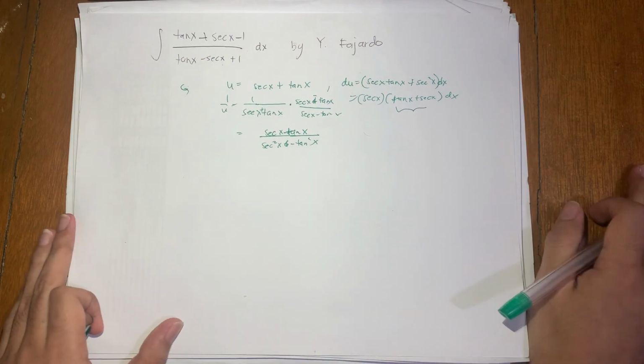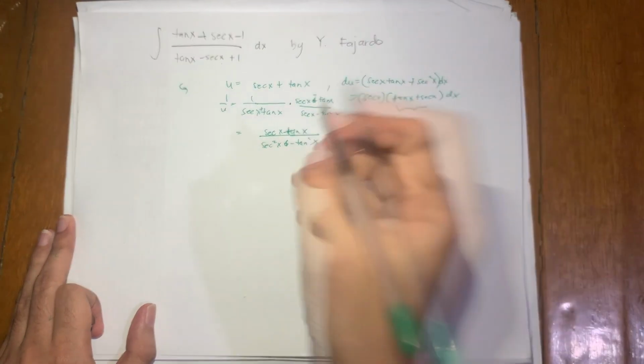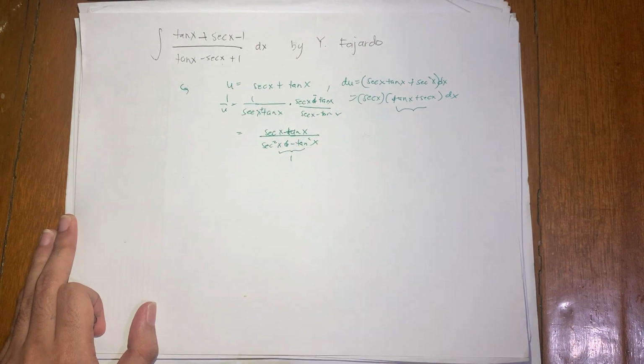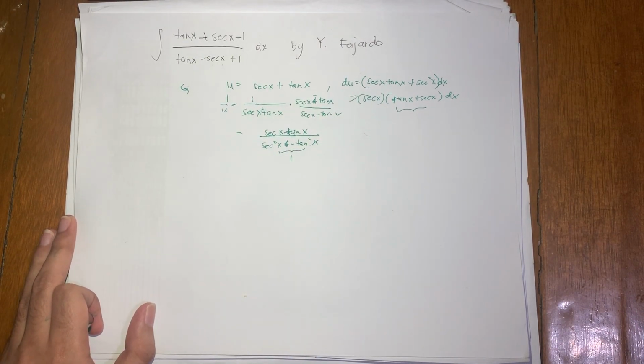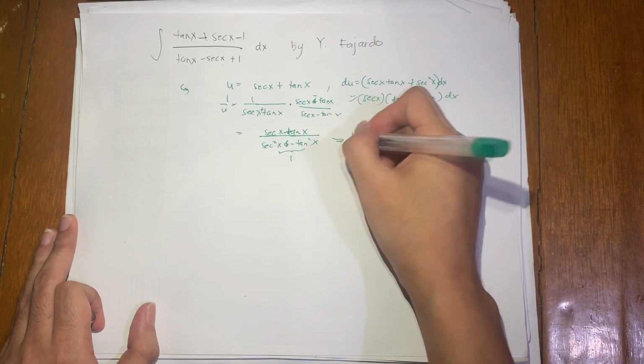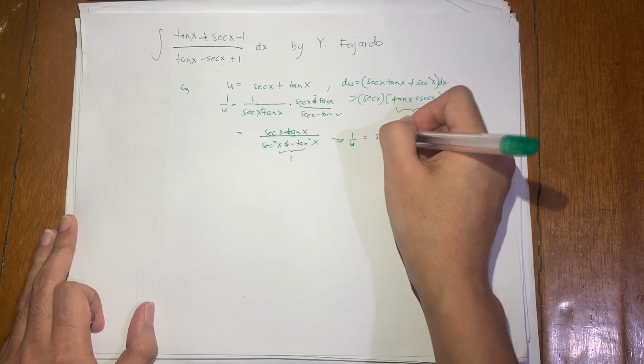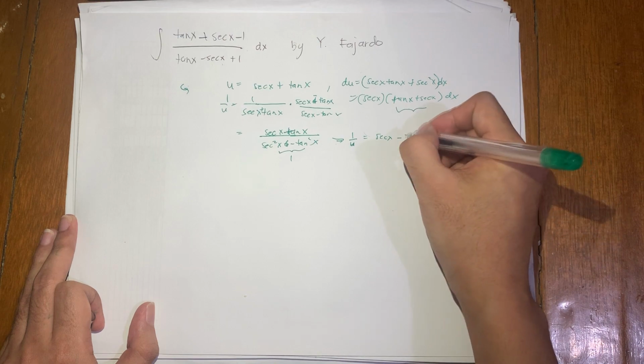So what's special here is that the denominator becomes 1 by the Pythagorean identity. Therefore, 1 over u is equal to secant x minus tangent x.